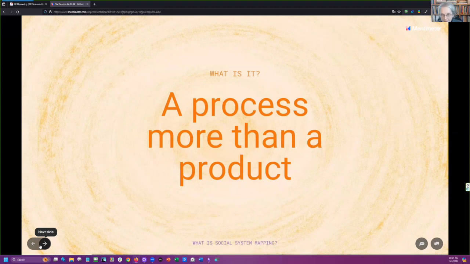So we like to say it's a process more than a product. Social system mapping starts from the very beginning of thinking about what are those dimensions that we want to see in the map. What are the kinds of relationships we want to see at that point. We're already doing social system mapping. We're already beginning to engage with this process of thinking more deeply and looking more closely at ourselves as a system to understand the best ways to see, understand, and influence the change that we want to make in the systems that we're working on.